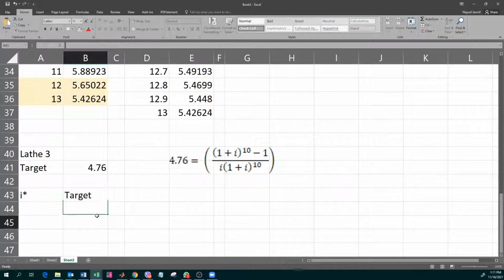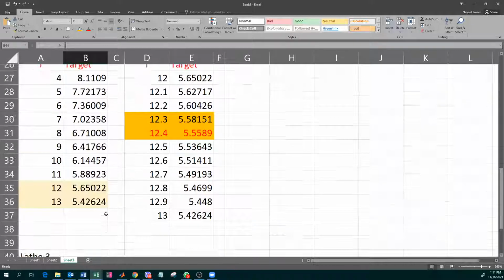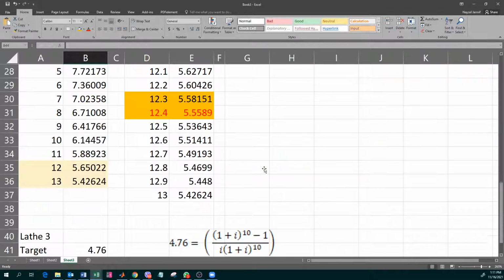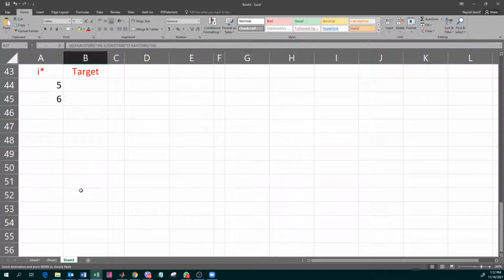Now, let's start off with 5%, because we really don't know. 5 and 6, and by the time we've done 5 and 6, we would have an idea of where we are sitting. The formula is the same, so I don't need to retype it.